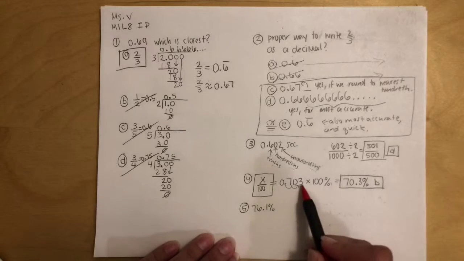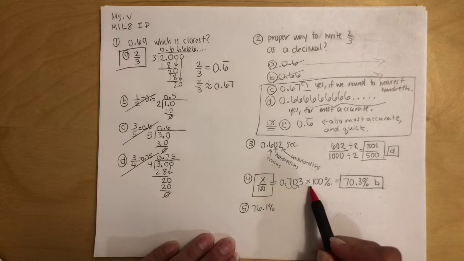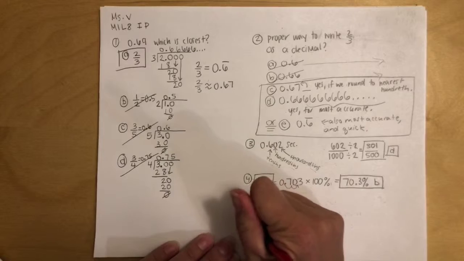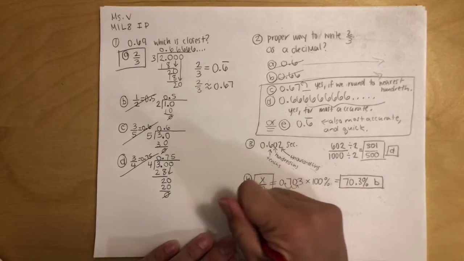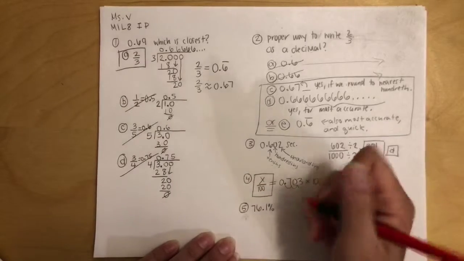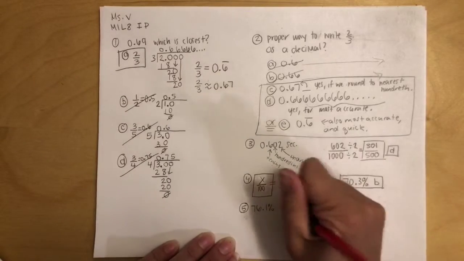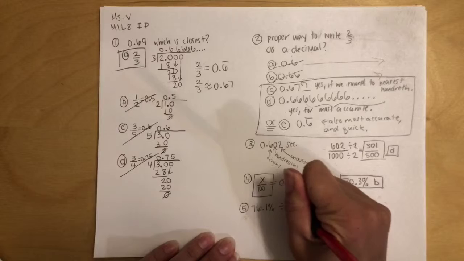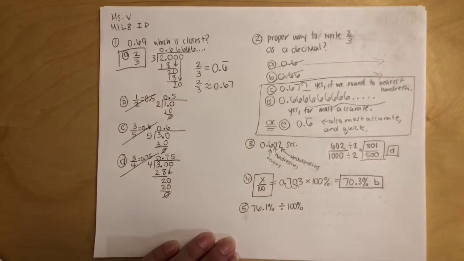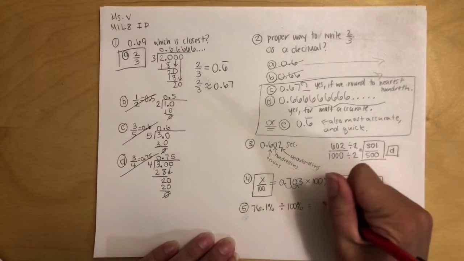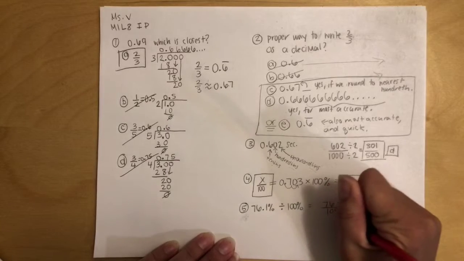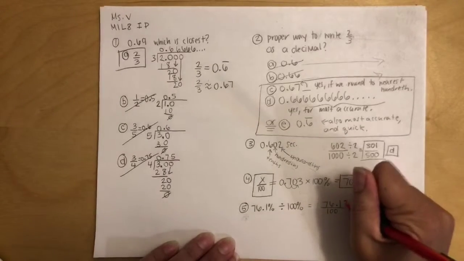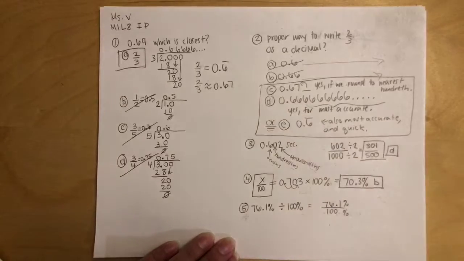Well, we are going to do the exact opposite of what we did in number 4. We are now going to divide by, I'll write it out, we're going to divide by 100%, and I actually like to write this as a fraction, 76.1 divided by 100%, and this part's kind of fun.